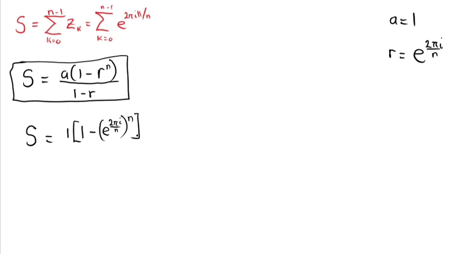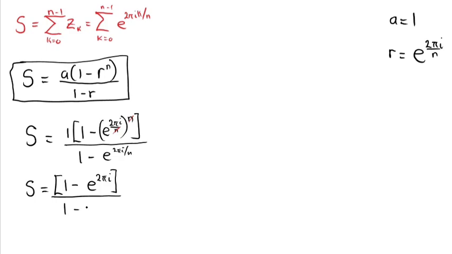And all this is divided by 1 minus r again, which is e raised to the power 2 pi i over n. So in the numerator, we have open bracket 1 minus, and the n here and that n cancel out, so the only thing we remain with is e to the power 2 pi i. This is over 1 minus e to the power 2 pi i over n.